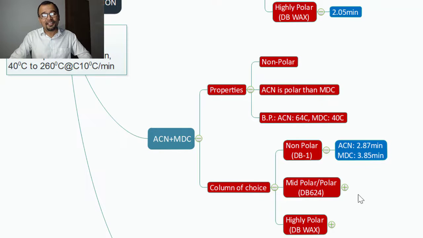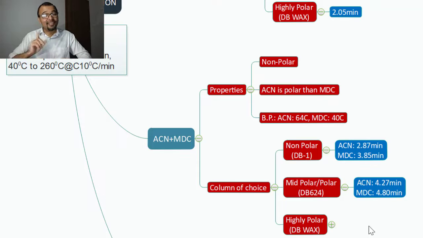Let us understand their retention times on the DB624. ACN was found at 4.27 minutes, and MDC was retained at 4.80 minutes. So we found that as the column's polarity increased, the retention of both compounds also increased, meaning these compounds are retained for longer on polar stationary phases.